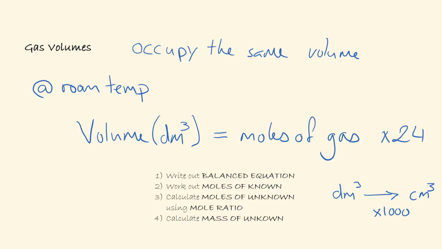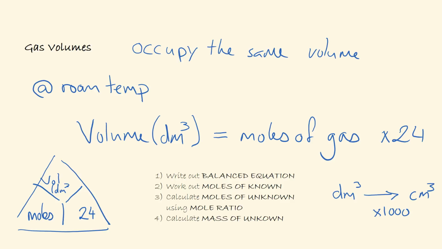If you like your equation triangles, then we can do an equation triangle for you. We have moles on the bottom, multiplied by 24, and at the top here we have volume. Remember, importantly, this is going to be in decimeters cubed. Use this idea in exactly the same way as we've used for titration and reacting mass calculations.